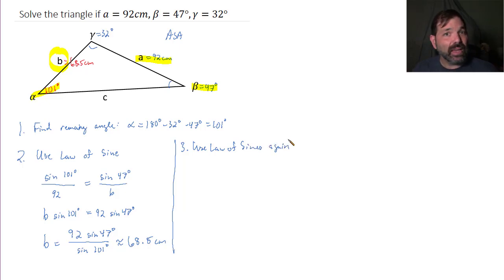Then I can use a similar process to solve for C. I can't use the Pythagorean theorem, even though I've got two sides, because this is not a right triangle. So let's use the law of sines again.